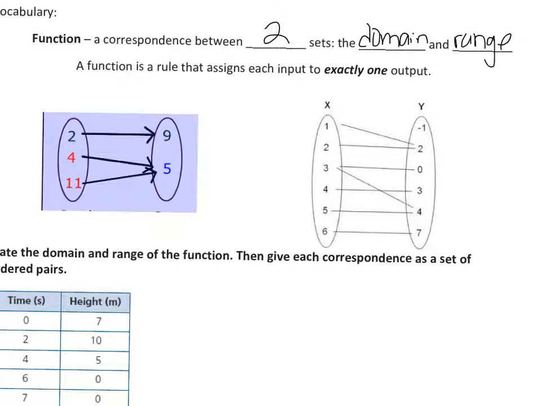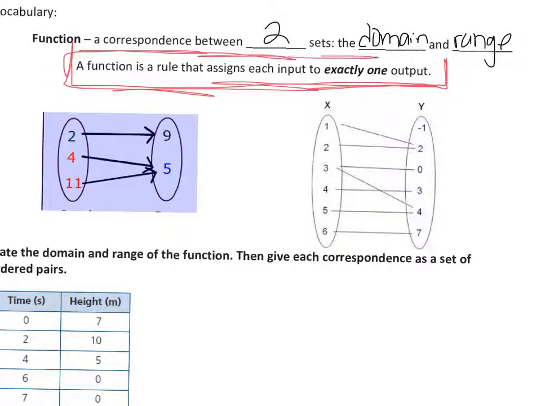And this little sentence right here is the most important sentence on the page. A function is a rule that assigns each input, or each x value, to exactly one output, or one y value. So I can't have an x value that has more than one output.